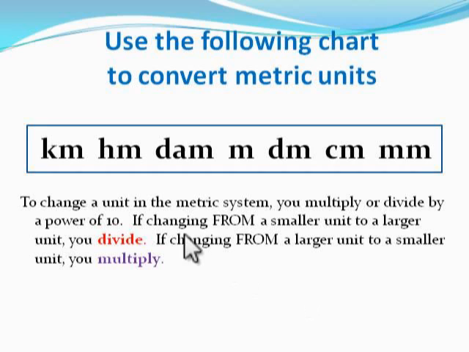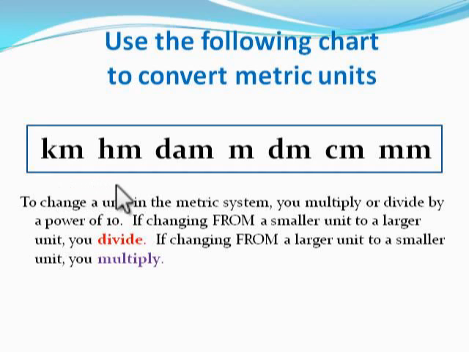You'll notice here in our reading that it says to change a unit in the metric system, you're simply either going to multiply or divide by a power of 10. So we're talking about 10, 100, 1,000, 10,000, 100,000. Okay, powers of 10.